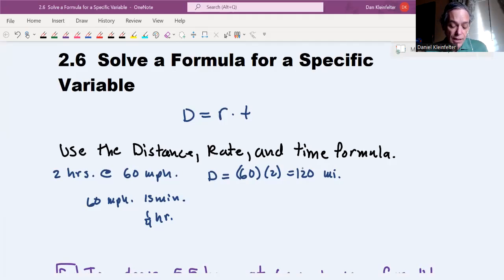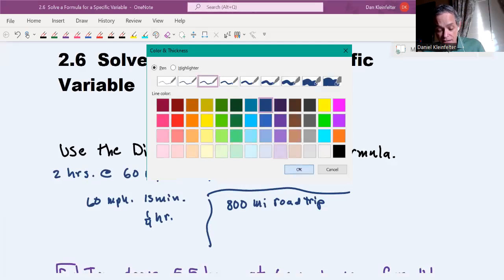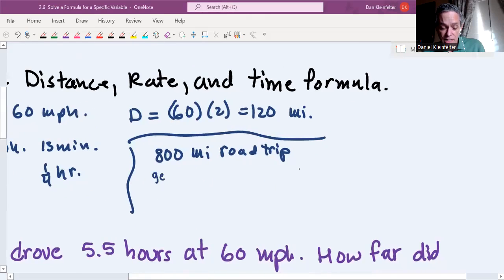As another example, let's say that you needed to make an 800-mile road trip. That's the distance. And you need to get there in 5 days for a family reunion or something.